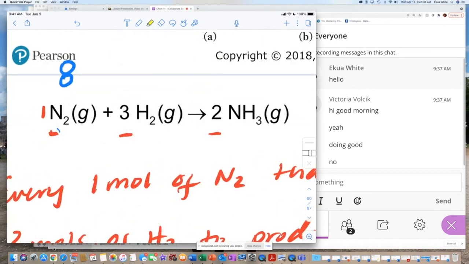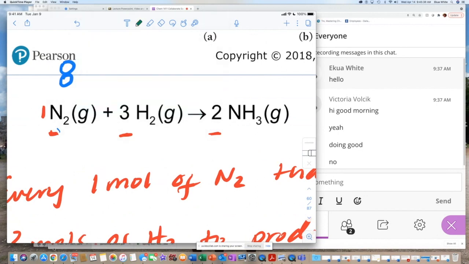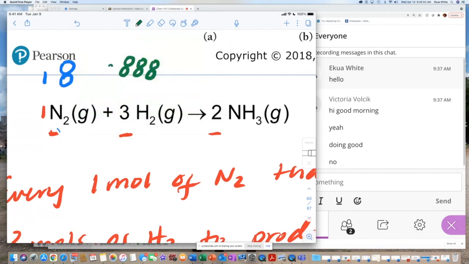H2, I'm going to use a different color here. Let me use green. It will be three of these, right? So it's H2, so they're stuck together. So every time we have one N2, we need three H2s, right? So let me not write the three there because it sounds like it's 3 times 3, which is 9.